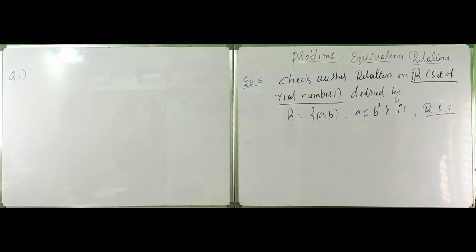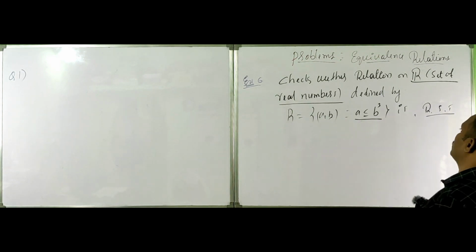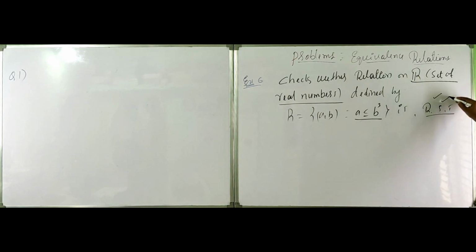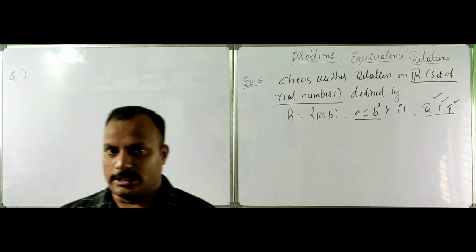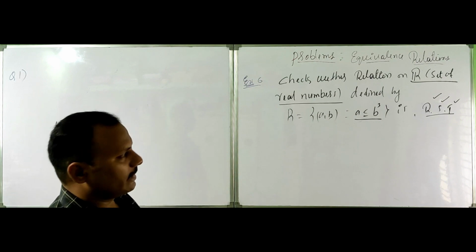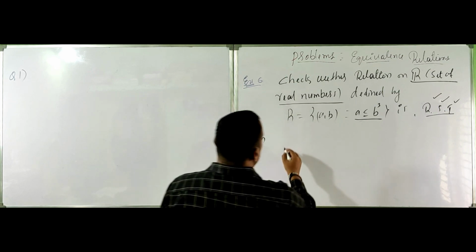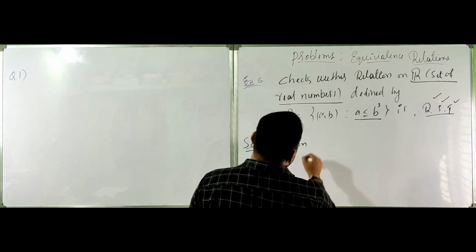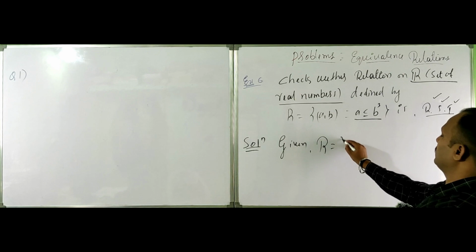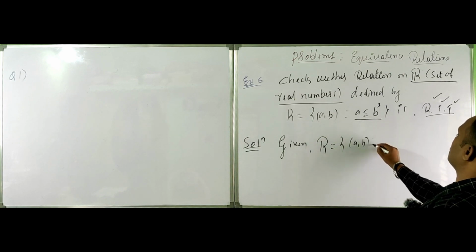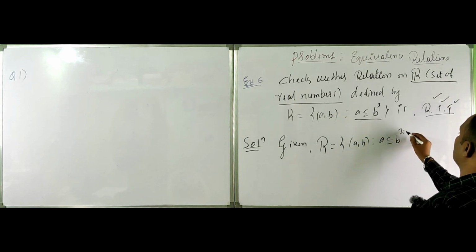The condition is R is the set of (a, b) such that a is less than or equal to b cubed. How to show whether R is reflexive, symmetric, and transitive? Our motto here is to show whether R is reflexive, symmetric, and transitive. The solution: first you take the given condition. Given is R equals the set of (a, b) such that a is less than or equal to b cubed.